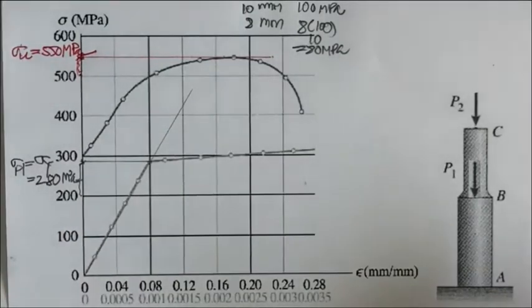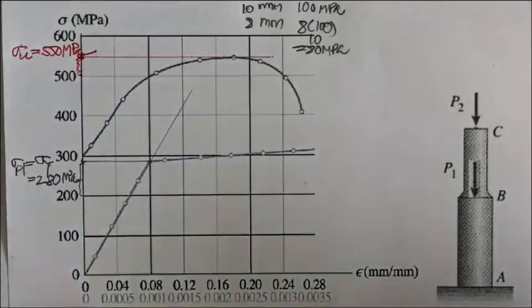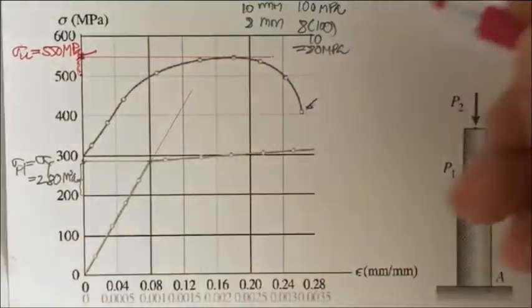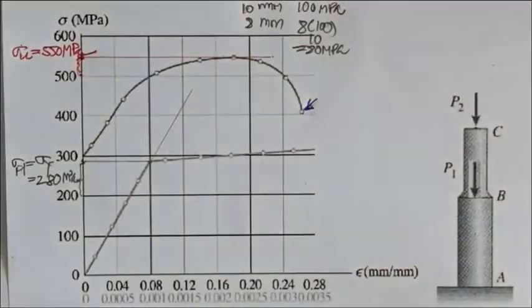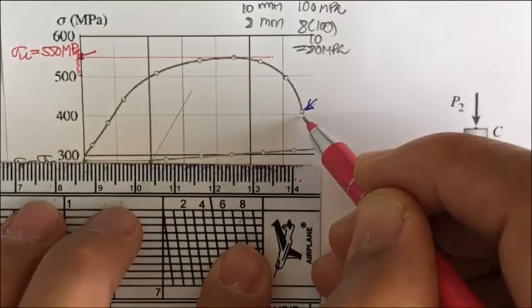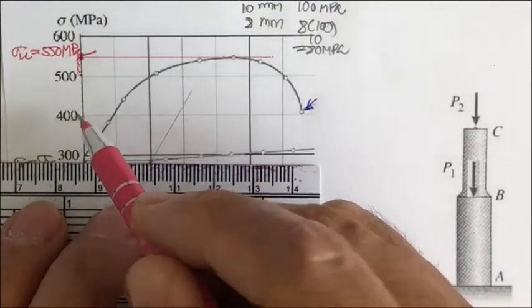Okay, and next they ask us to find the fracture stress. This is the point of fracture. The stress corresponding to this point is going to be sigma sub f, and it's just above the 400 line.